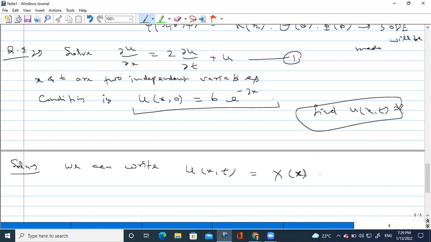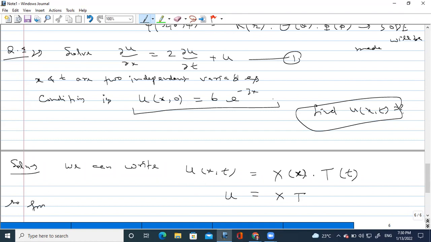This is capital X, this is small x. Dot capital T(t). We can write this in the form of product. Now this is a pure function of x, this is a pure function of t. They will give you 2 ODEs. That is our main motto. Okay. Or it can be written in the form XT. We know that X is a function of x, T is a function of t. So you can write u equal to XT. So this replacement you can do in equation 1.